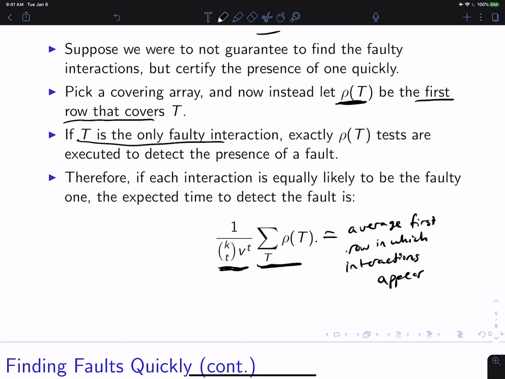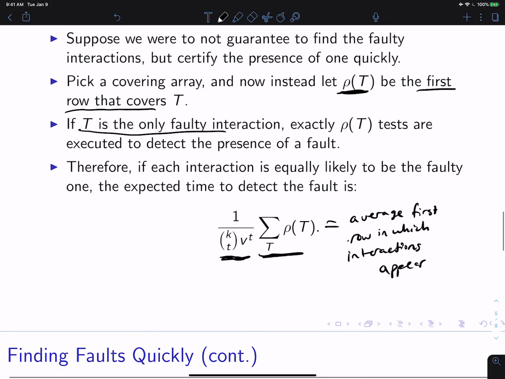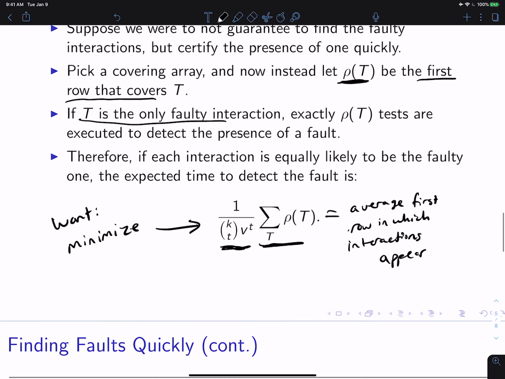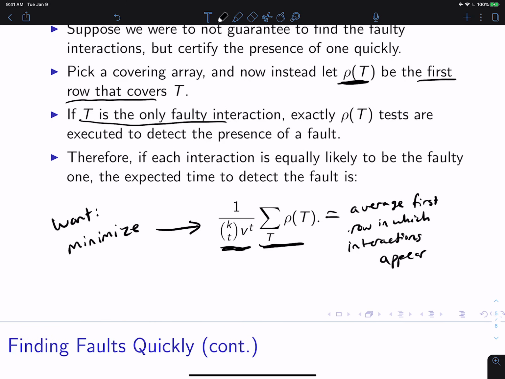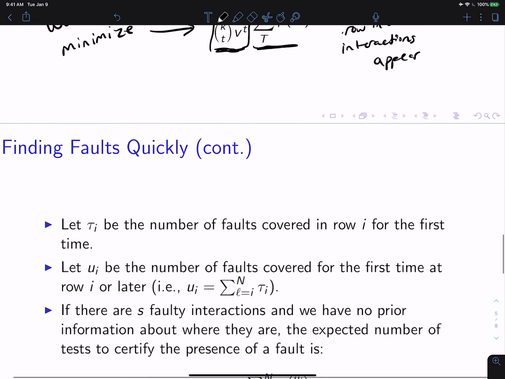So we want to minimize the average in that case. Basically we want to minimize the row of t values, because the term on the front is never going to change. The number of interactions never ever changes. So we want to minimize the sum of the row of t values.